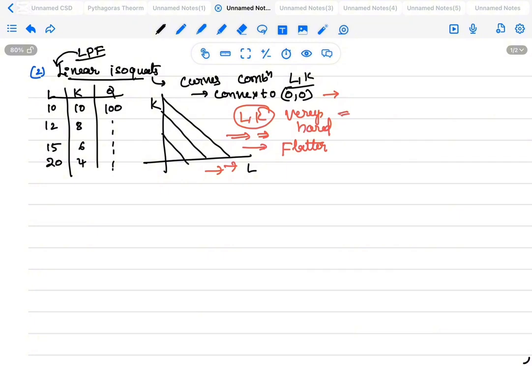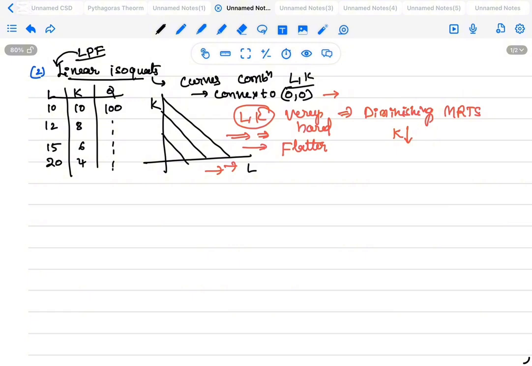This leads to the diminishing MRTS, marginal rate of technical substitution. Diminishing MRTS means decreasing; that is, capital K is decreasing.